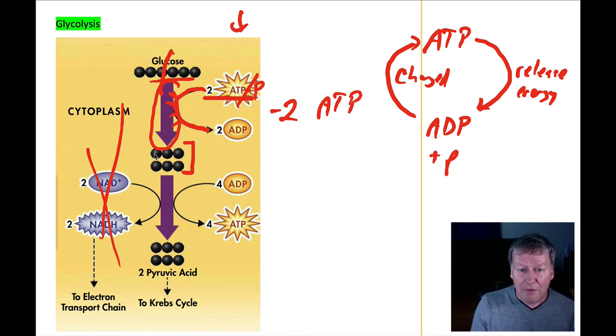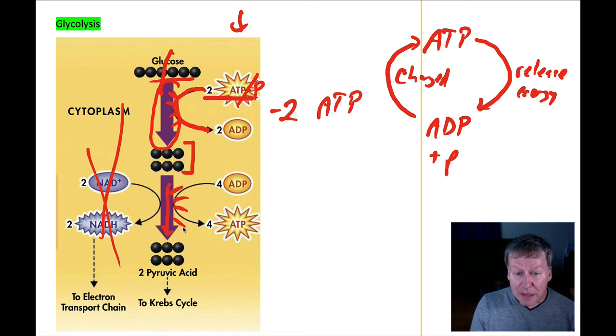So now we have our 2 3-carbon molecules. And another chemical reaction happens. However, this chemical reaction is exergonic. It gives off energy. So the formation of pyruvic acid is going to give off energy. Bonds are being broken and energy is being released into the system.